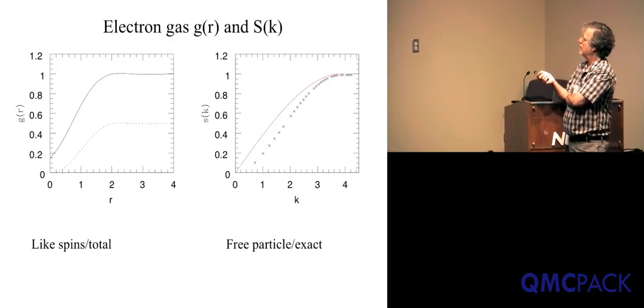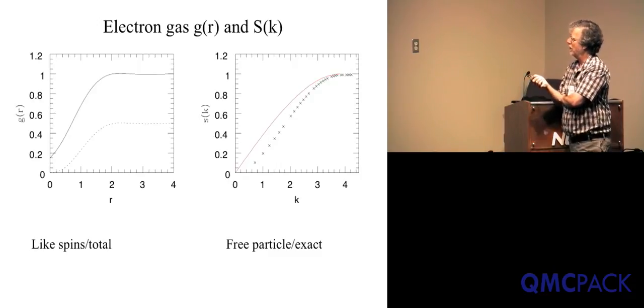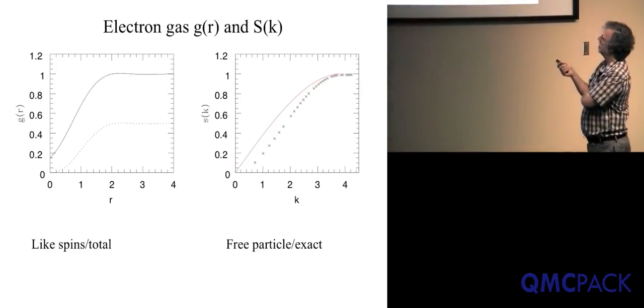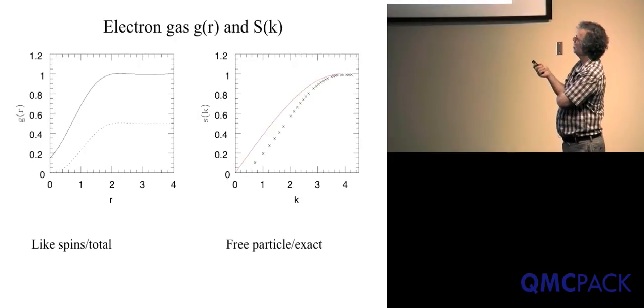And here's an example for the electron gas. This is the pair correlation function. This is the probability as a function of the distance between two electrons, and this is all electrons, and it shows you a so-called correlation hole around a given electron.